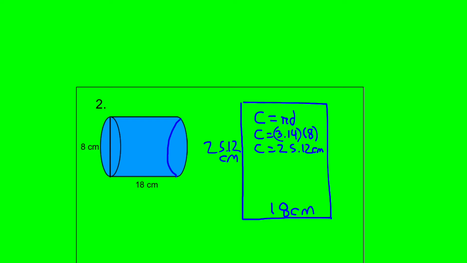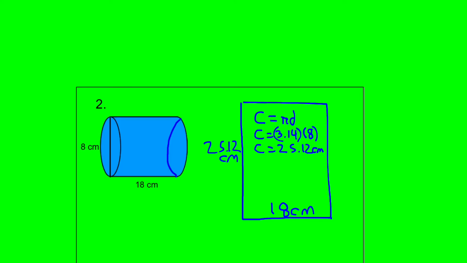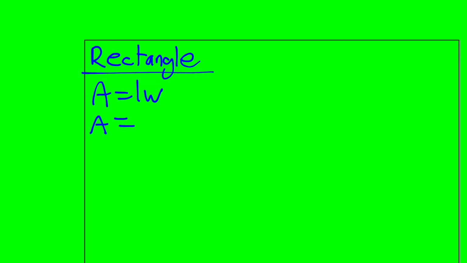So now we have a length and a width on this rectangle, and we're able to calculate the area of the rectangular part. The circles, we already have all the information we need for the circles. So I'm going to go to this page now, and let's first calculate the area of the rectangle. So I'll write rectangle, keep everything nice and organized. And we know the area of a rectangle is area equals length times width. Area equals, my dimensions are 25.12 and 18.